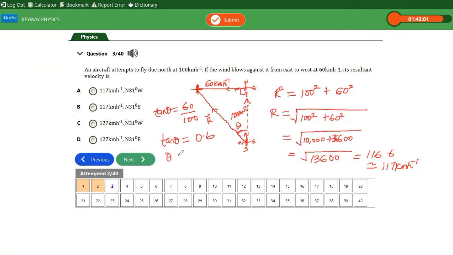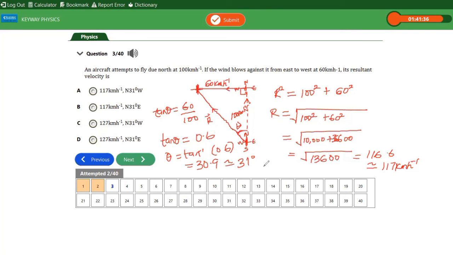Then theta will be equal to tan inverse of 0.6. Tan inverse of 0.6 will give us 30.9, which is approximately 31 degrees. And this is north of west.